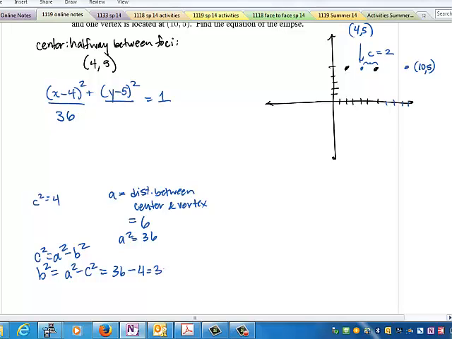So b squared is 32. b is the square root of 32. 32 is 16 times 2, so we could simplify that to 4 times the square root of 2. In the denominator here, we want b squared, so 32. So we've got the equation all worked out.